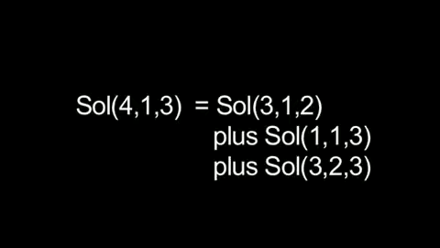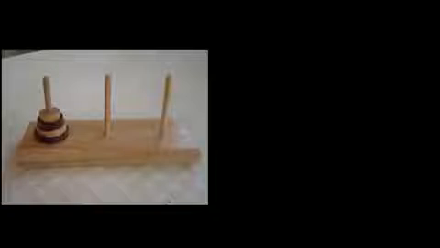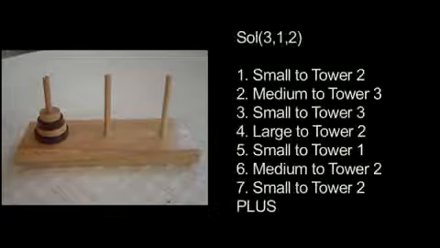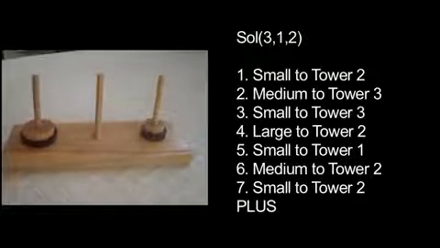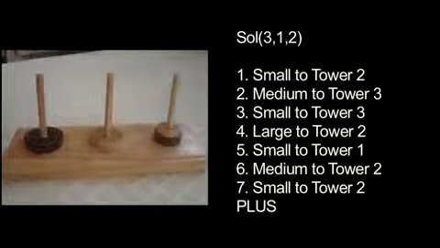Now, what does plus mean in this case? So we're saying solution of 3, 1, 2 plus solution of 1, 1, 3 plus solution of 3, 2, 3. Well, the plus is not an additive sign like arithmetic. In set theory, it's the union of sets. So you see on your screen right now an image, for instance, for the solution of 3, 2, 1, we have 7 moves.